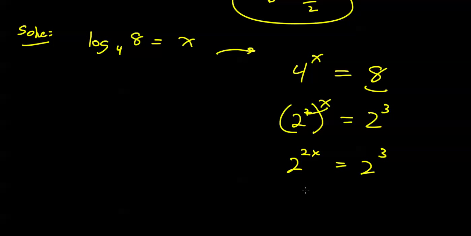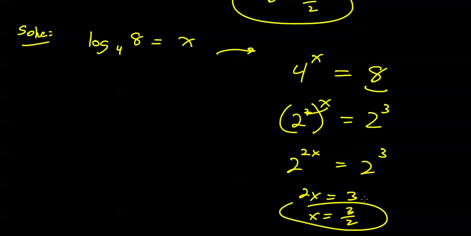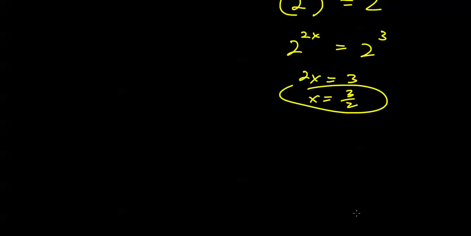And again, both sides of the equation have the same base. That means the exponents must be the same. And if 2x equals 3, x must be 3/2. So the log of 8 base 4 is 3/2.